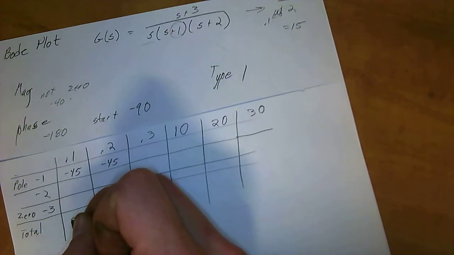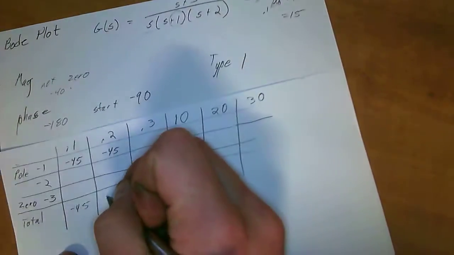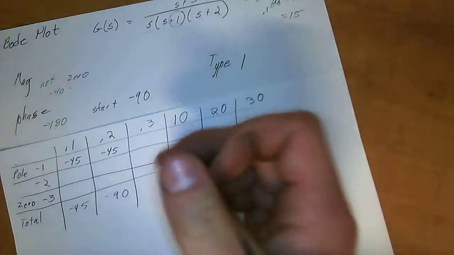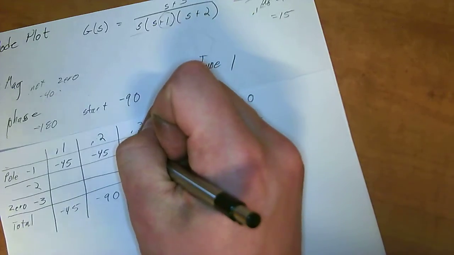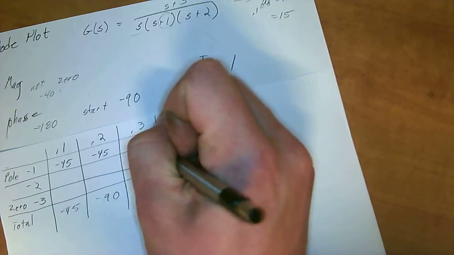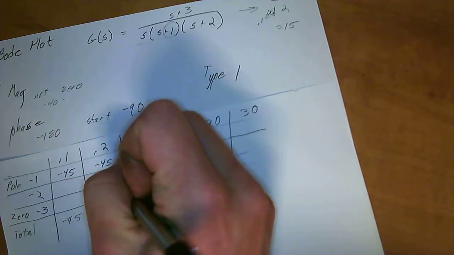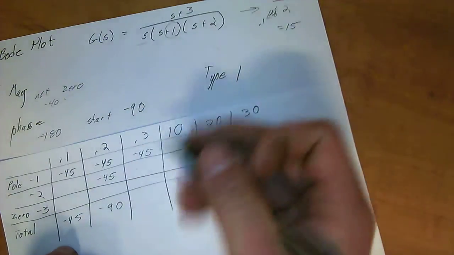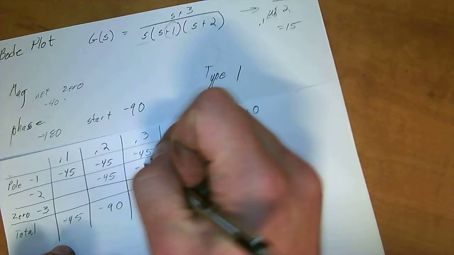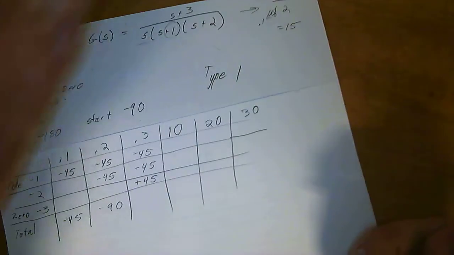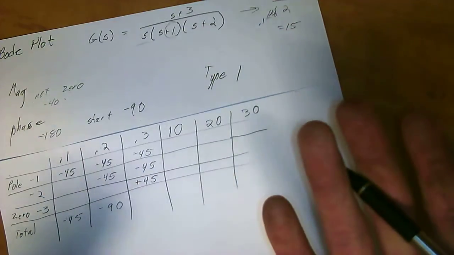So our total now is negative 45 and then negative 90. This is the effect, the slant that it's having on the chart. And then you have a 0, which adds a plus 45 because a 0 has a positive 45 degrees per decade.